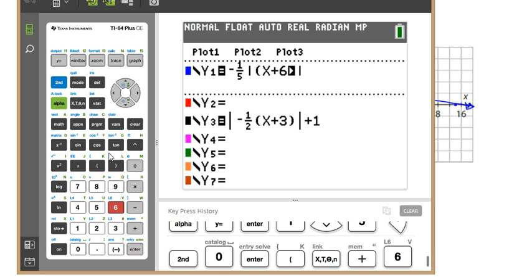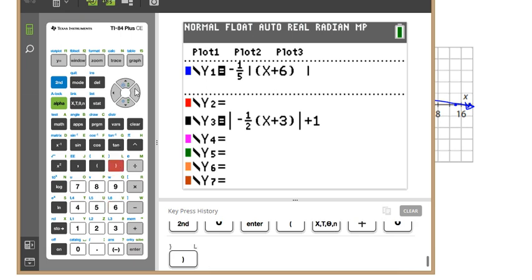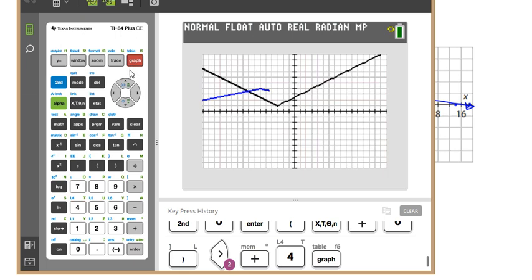We'll close that parentheses, come outside, plus 4. Here's what we're going to see. We have the graph. You see that?